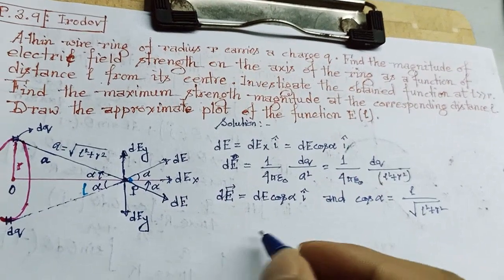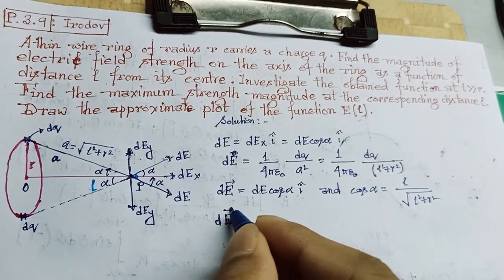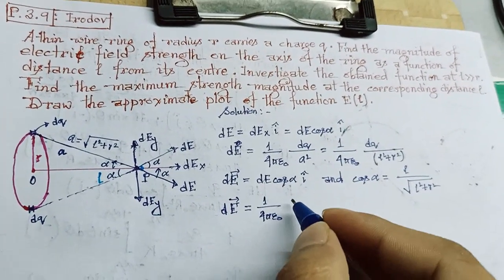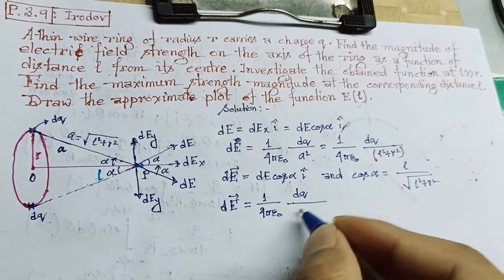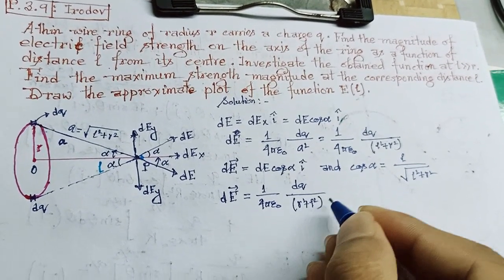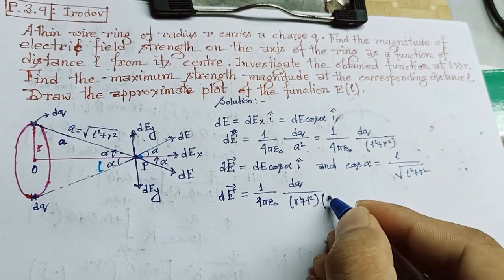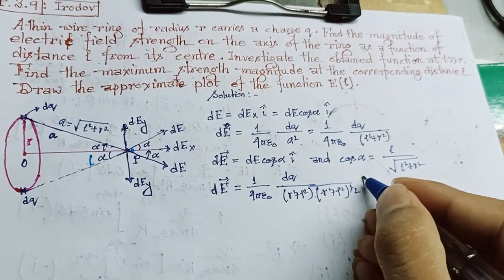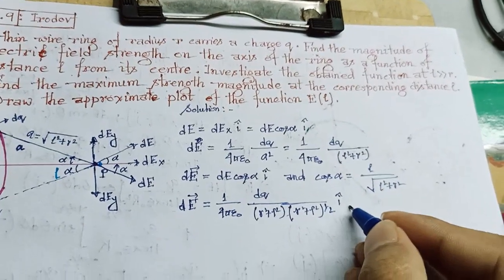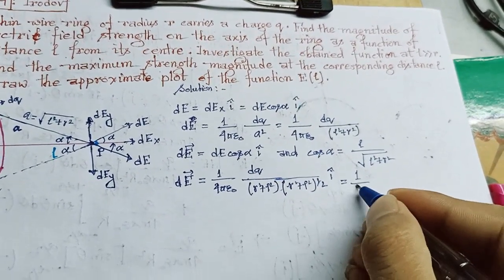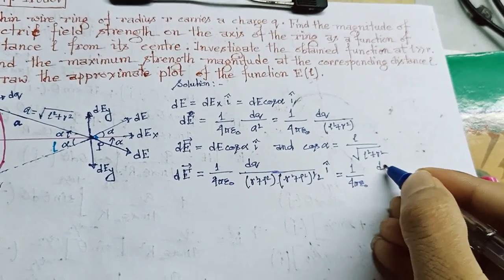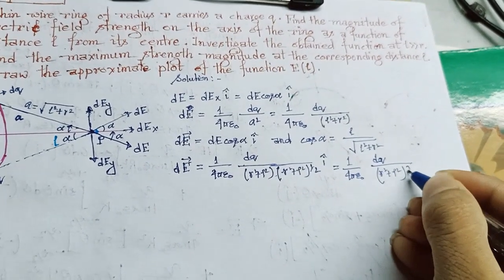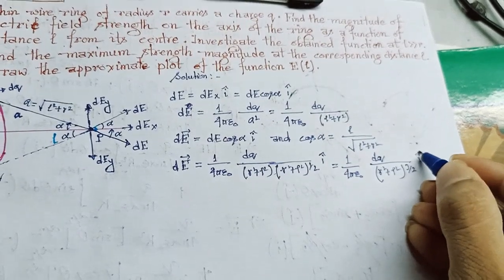If you substitute all these values, then we find dE vector will be equal to 1 by 4 pi epsilon naught into dq L divided by R square plus L square whole to the power 3 by 2, and its direction is along the positive x-axis, that is i cap.